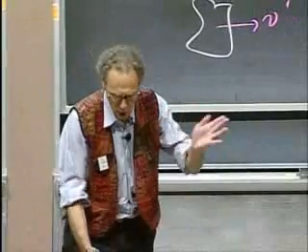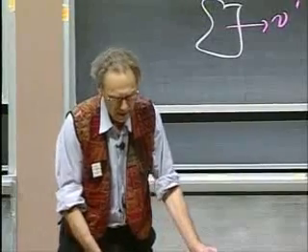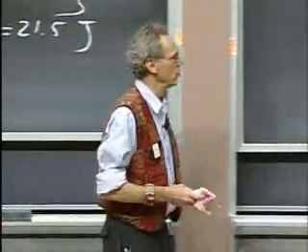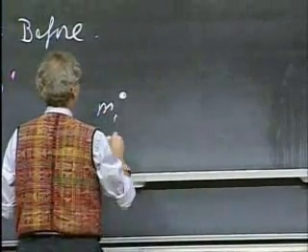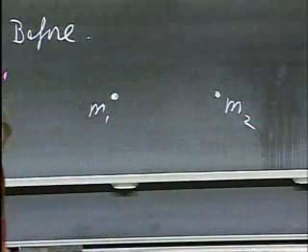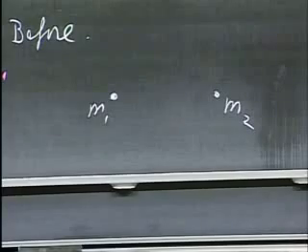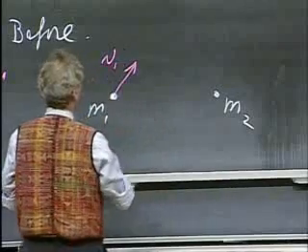So momentum is approximately conserved if we can ignore the friction from the road during the impact, because the impact time is so short. So let here be a car with mass m1, and here is the other car with mass m2, and we'll make it a two-dimensional problem, because we have seen only one-dimensional problems so far.